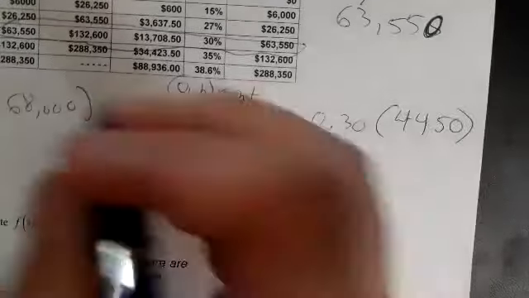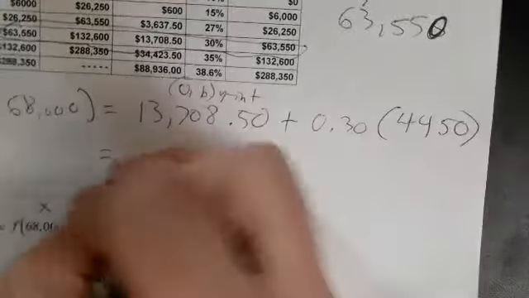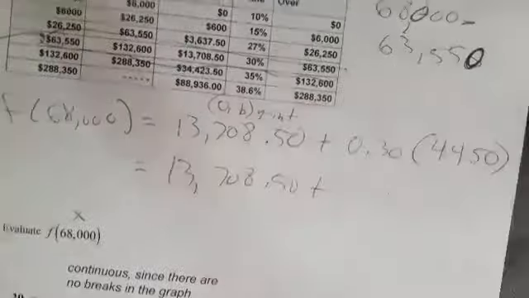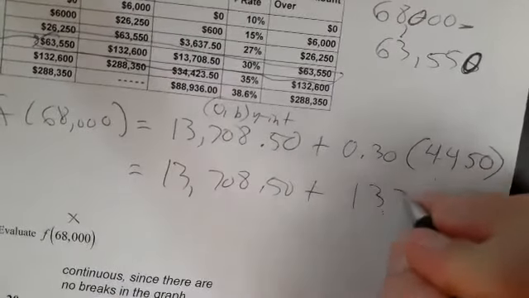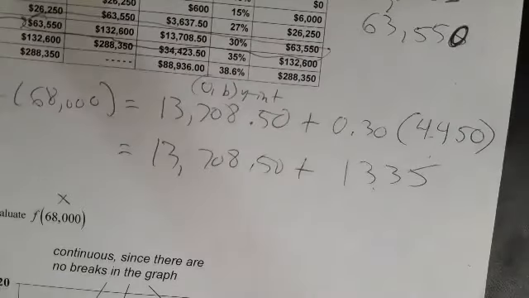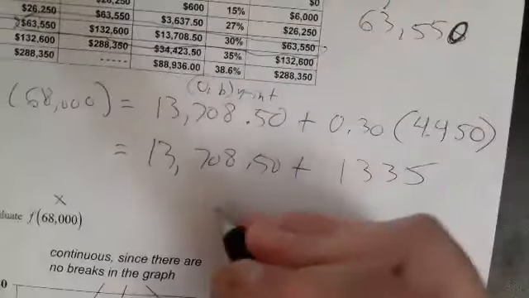Okay. We're doing 13,708.50. We're going to add this crazy number, which is what, 1335. We do 30% of 4450, it should give us 1335. We add these two numbers together.